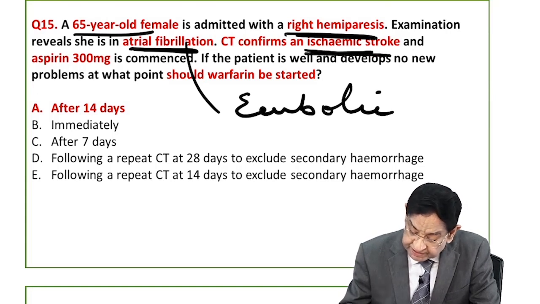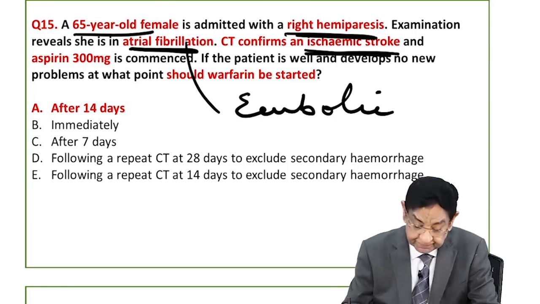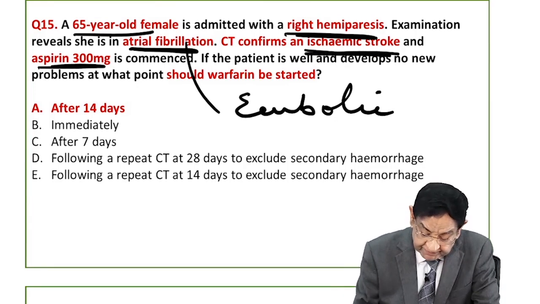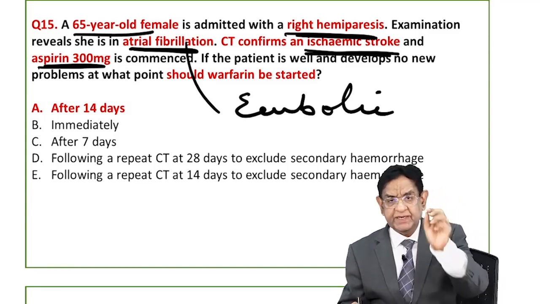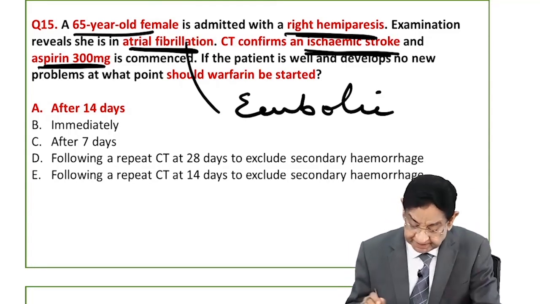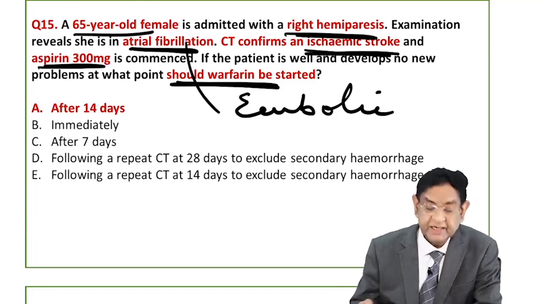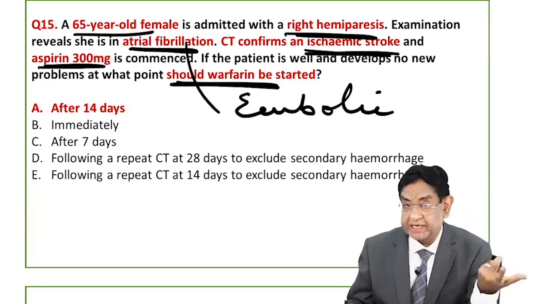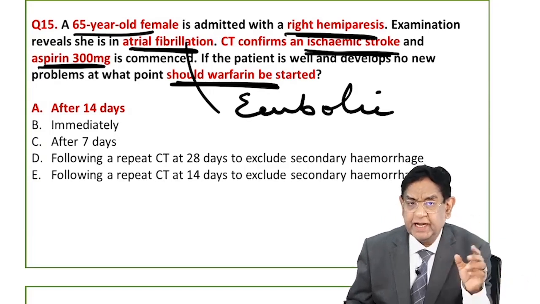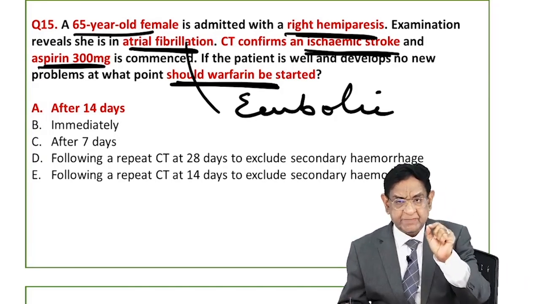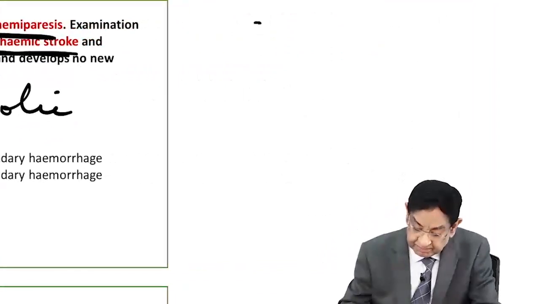CT scan confirms ischemic stroke. And aspirin is given. The first drug always given in ischemia is aspirin. Now warfarin: the patient again has atrial fibrillation. So we need it, and of course when atrial fibrillation is there, the embolus must have come.